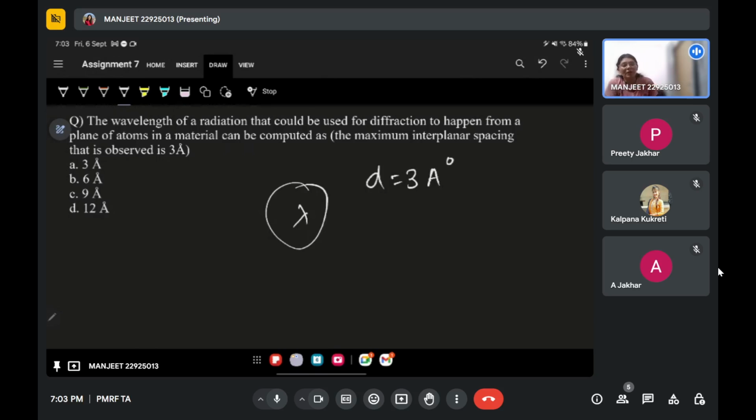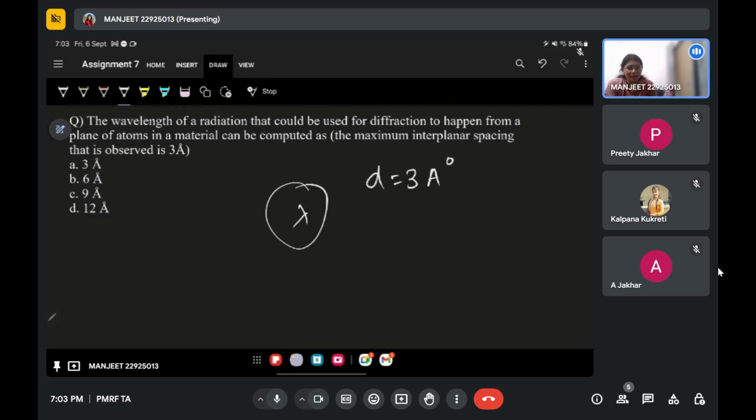That depends, because the double slit experiment is basically done with UV or visible light, and we saw that we get an interference pattern if the slit is of the order of the wavelength of the visible light.